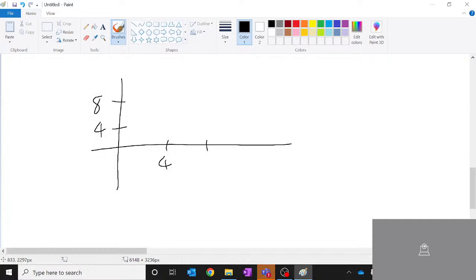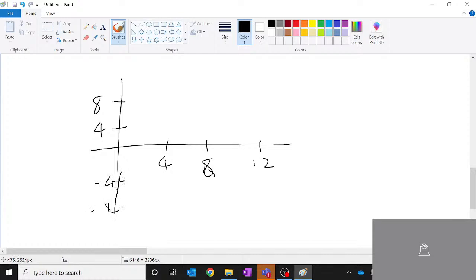Now in a similar lens, you might have seen a couple of questions where they would give you negative graphs as well. For example, let's say this is 4 and this is 8. Similarly, this is 4, this is 8, this is 12, and on the negative side I have -4 and -8.